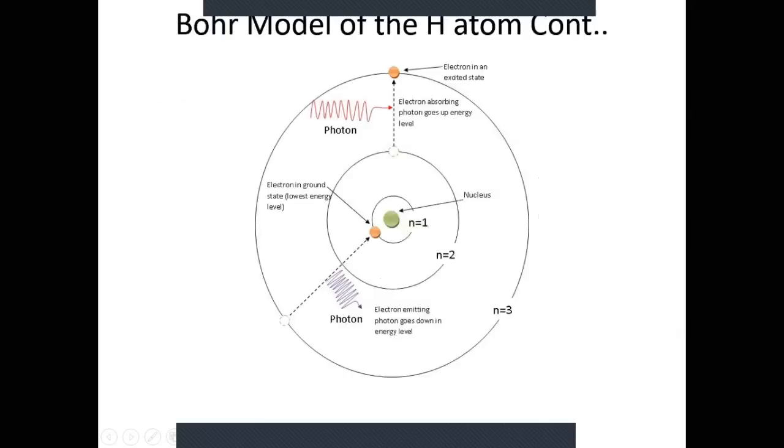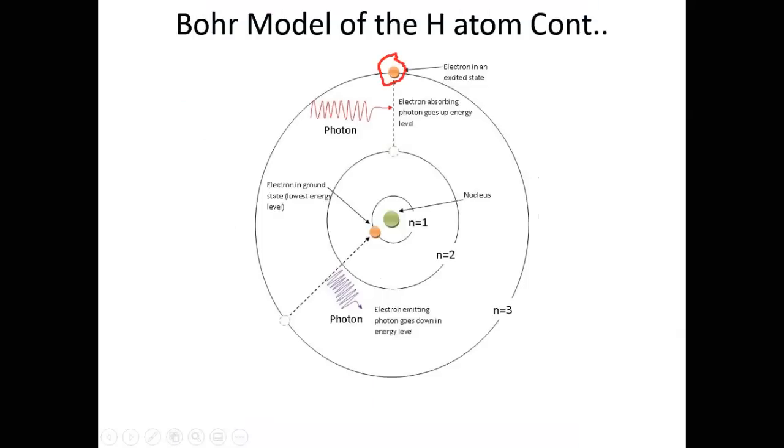So this is an example of a Bohr model of hydrogen. Again, hydrogen has only one electron, and this model works for hydrogen and hydrogen-like species. So what's a hydrogen-like species? These are things that have one electron.